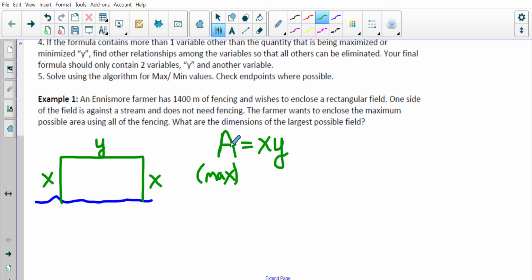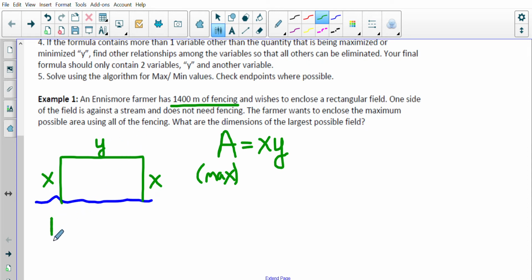We have our max variable, A, which has got to stay, but then we have an x and a y. So we got to get rid of one of them, looking at some other relationship. Now in this case, there is another relationship: I know that this person has 1,400 meters of fencing.